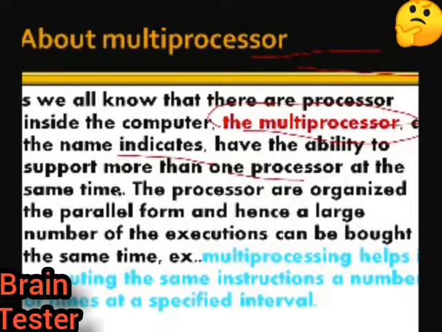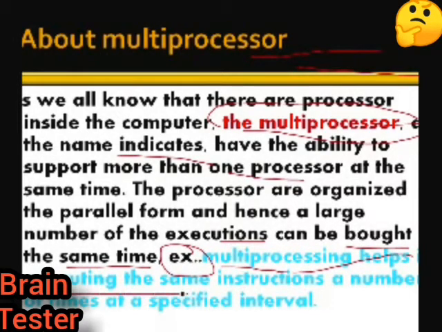The processors are organized in a parallel form, and hence a large number of executions can be processed at the same time. For example, multiprocessing helps in repeating the same instructions a number of times at a specific interval.